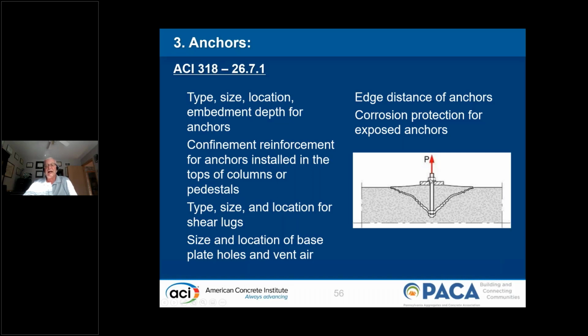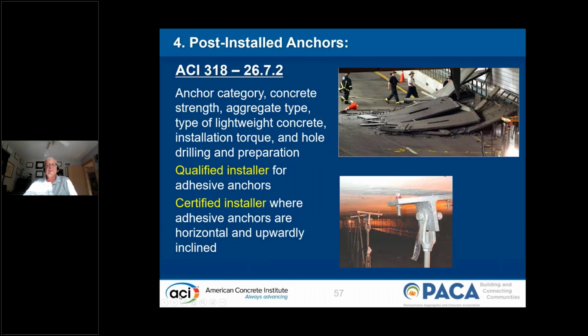We don't want the anchors to fail. It needs to be designed to have adequate pull-out from the concrete. And what really drove this getting into the code rapidly was the problems that occurred at the Big Dig in Boston, where concrete panels fell in the tunnel. And that was simply because of improper installation of anchors.